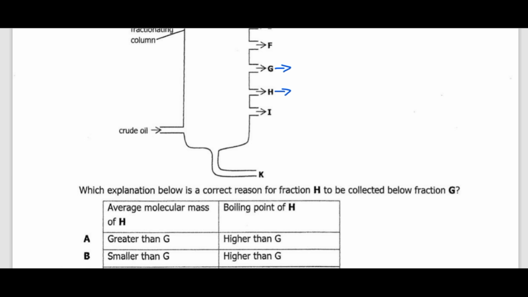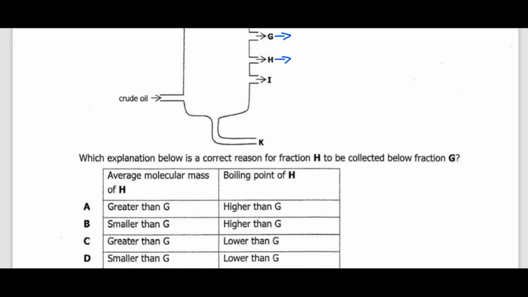Now H and G. So H, average molecular mass. We know that if we are moving down, the molecular mass increases. So H must have greater average molecular mass than G, so it is either A or C. Then the boiling point of H: higher than G, or lower than G. So the answer here is C. Why?